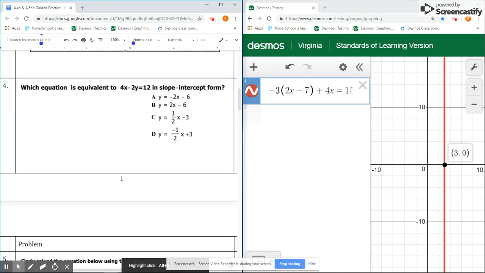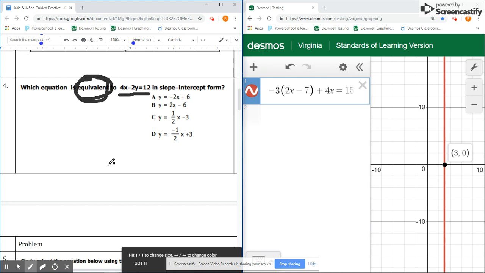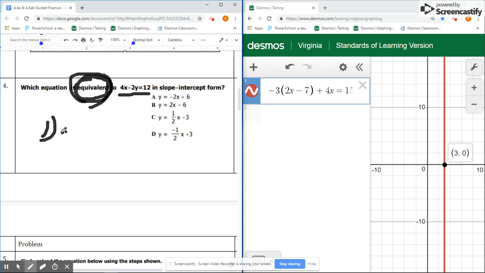We're going to skip down to number 4 and finish on this one. Which equation is equivalent? Okay, this is the big word that we've been talking about for the last couple of days, equivalent, which is equivalent to 4x - 2y = 12 in slope-intercept form. Remember, when it says equivalent, then you need to use Desmos.